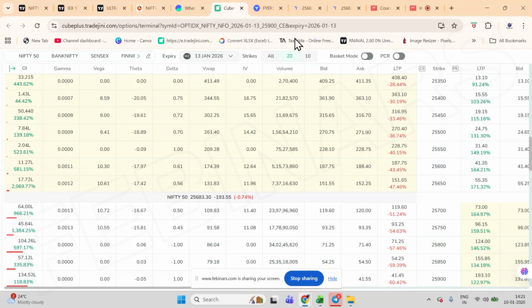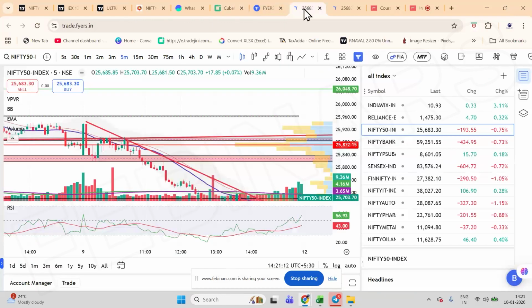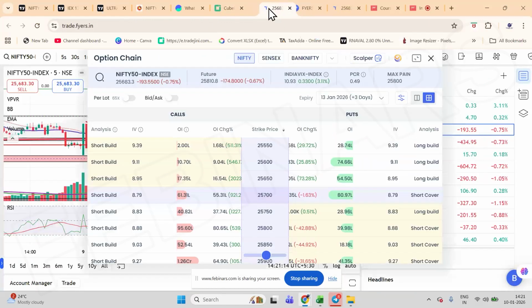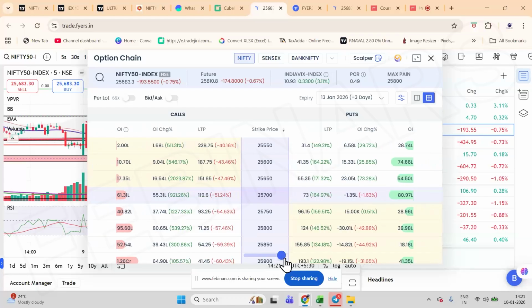Here we are seeing it in a very concise way. Currently, open interest change percentage is there. Let's see the put side.